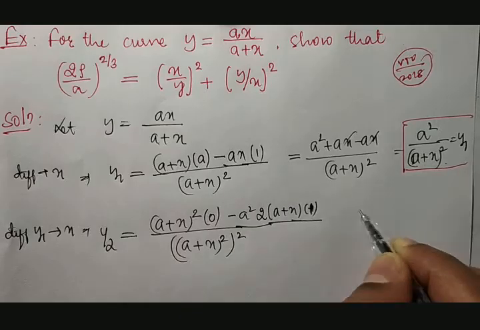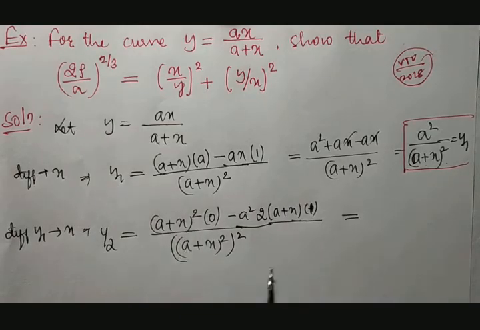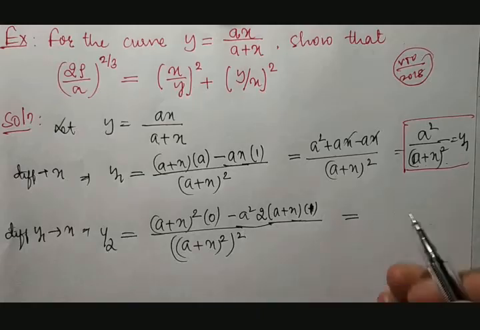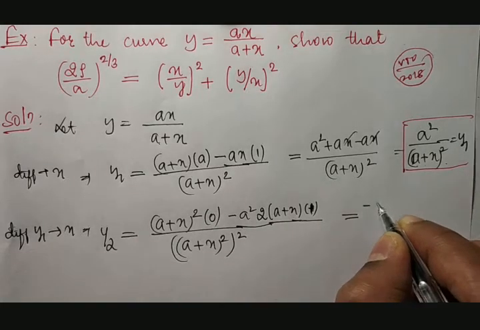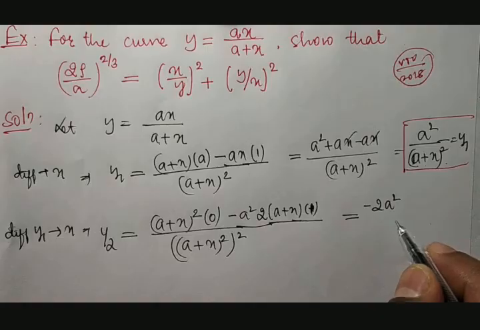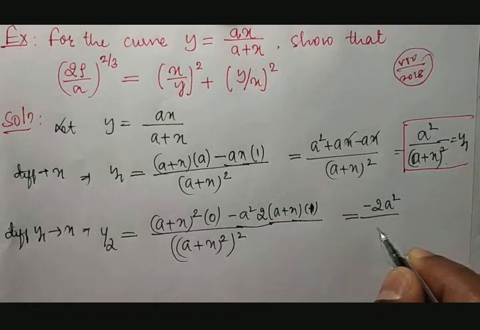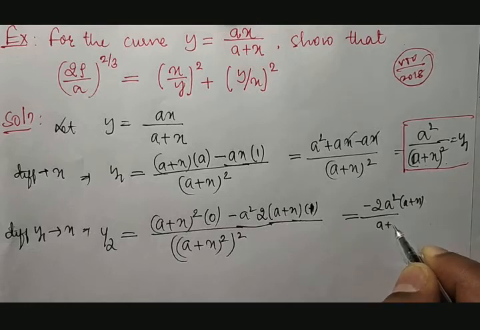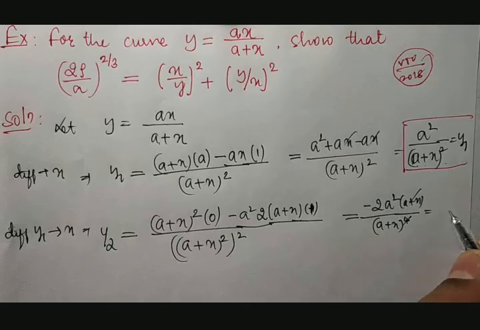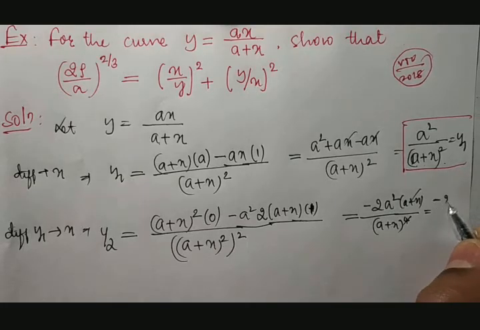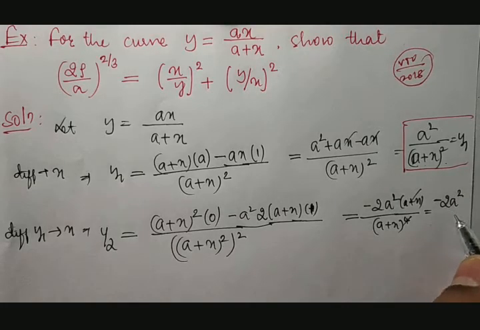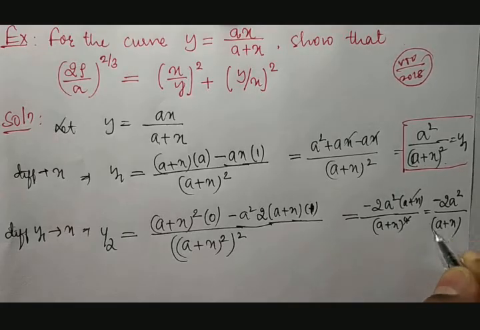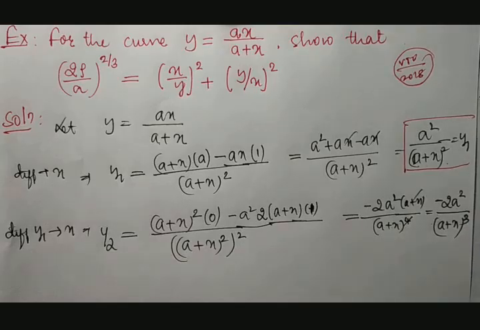So which is equal to, here it is a square minus 2a square divided by a plus x the square raised to 4. It gets cancelled. Therefore what remains? Minus 2a square divided by a plus x the cube.